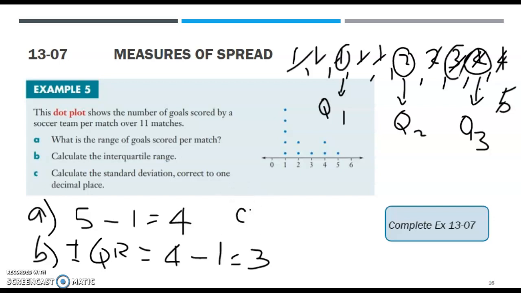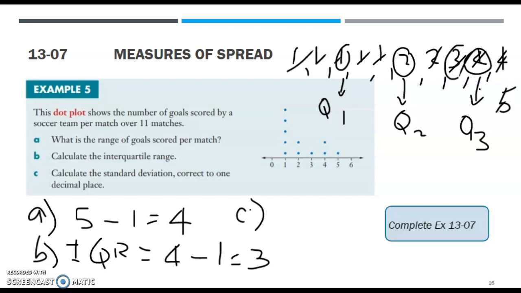And now we're up to part C. Calculate the standard deviation correct to 1 decimal place. This is where you need to follow the directions that are in your textbook on page 406, and you need to enter those numbers into the calculator one by one, pressing equals after each one.